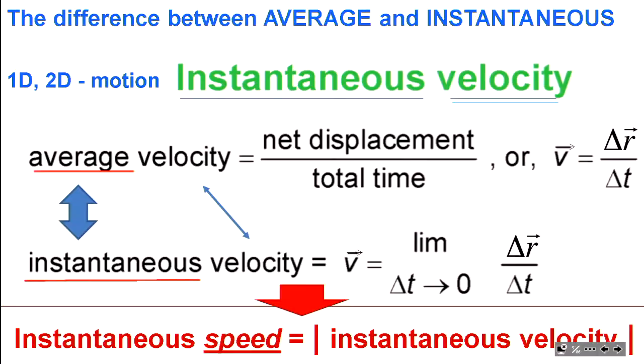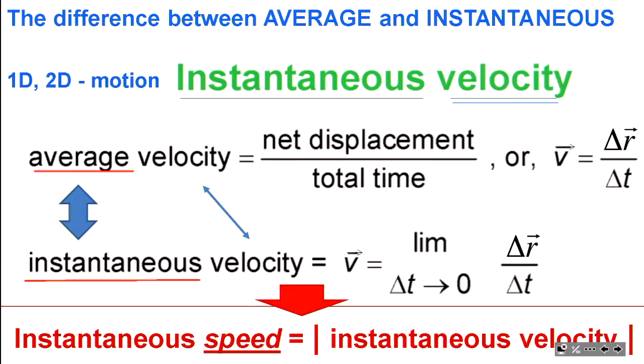Now, instantaneous speed is defined slightly differently than average speed. It's not defined through length, no. By definition, instantaneous speed is just the magnitude of instantaneous velocity. So if we know instantaneous velocity, which could be positive or negative, absolute value of that, that's what instantaneous speed is.